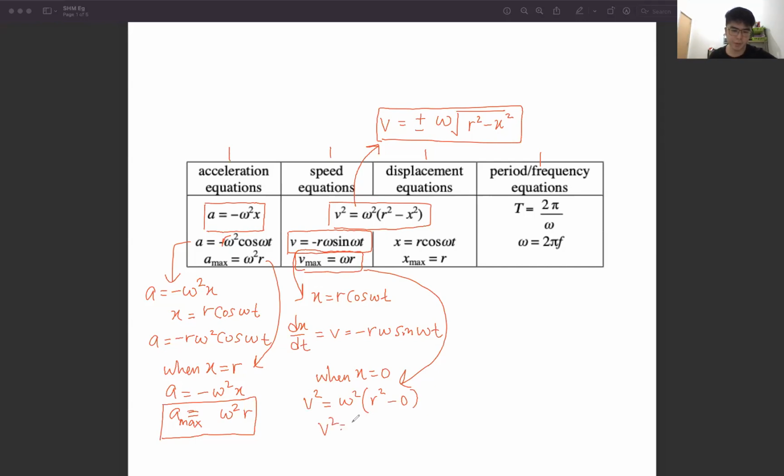That means v square equals to omega square r square, so v equals to omega r. That's how you get this. I'll write it. For some reason, I cannot erase this one. Never mind. V max equals to omega r.